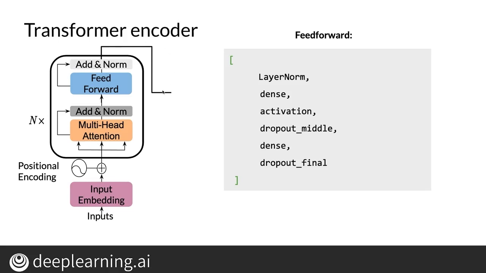And then this goes into the decoder architecture. So right now we'll be looking at the feed forward. You have a layer norm, a dense, followed by an activation. Then we have a dropout in the middle, followed by a dense layer, and then a final dropout. So this is what you'll be implementing in this week's programming assignment.